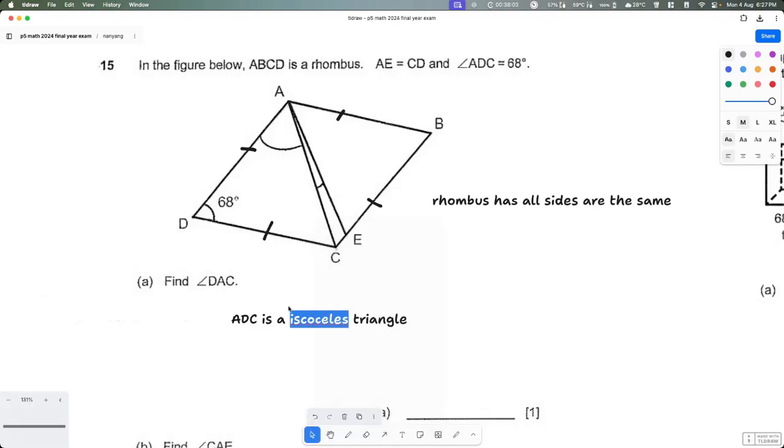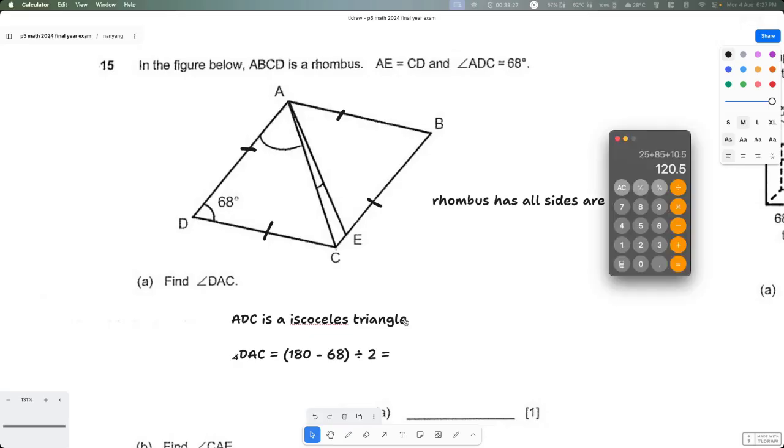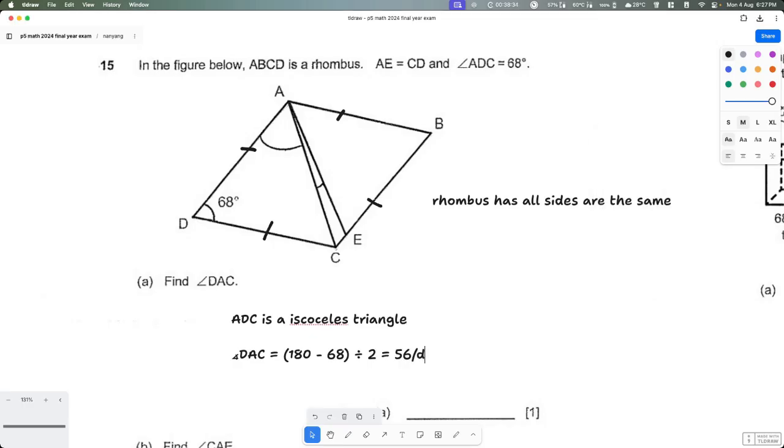Then that means angle DAC is equal to 180 minus 68, and then we divide this by 2. This will then become 56 degrees. Okay, so the answer is 56 degrees.